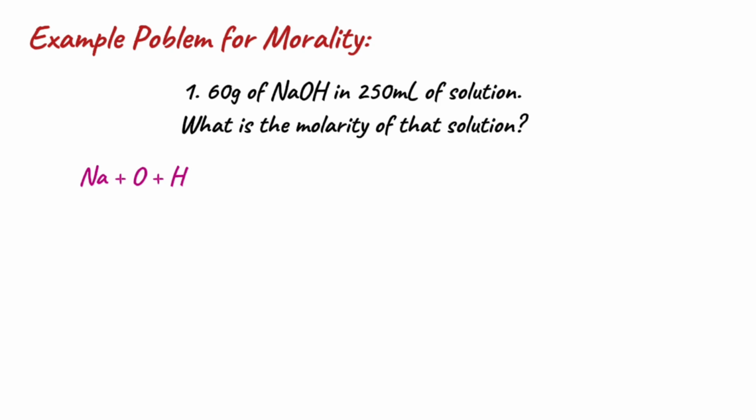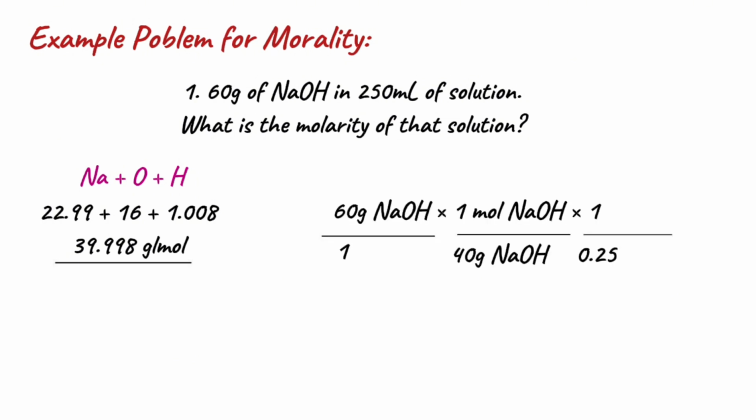So sodium is about 22.99, oxygen is 16, hydrogen is 1.008, so this is 39. But for all practical purposes, let's round it to 40. So we can say that 1 mole of sodium hydroxide has a mass of 40 grams.